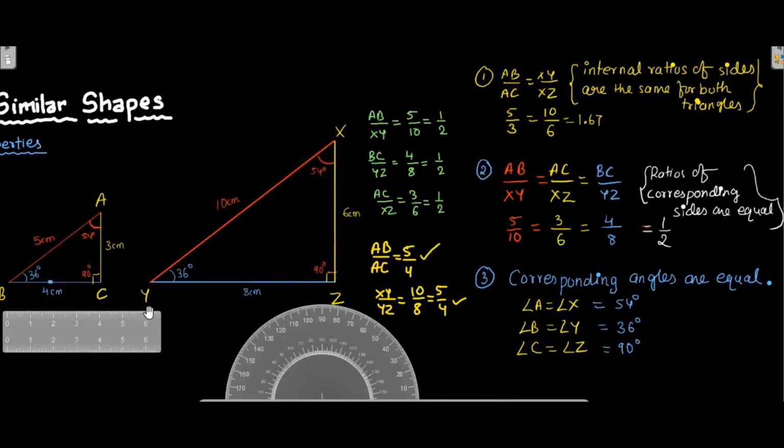Angle B matches angle Y, angle A matches angle X, and angle C matches angle Z. These are the properties to identify similar shapes. In our next class, we will solve some questions where you have to identify whether shapes are similar or not.